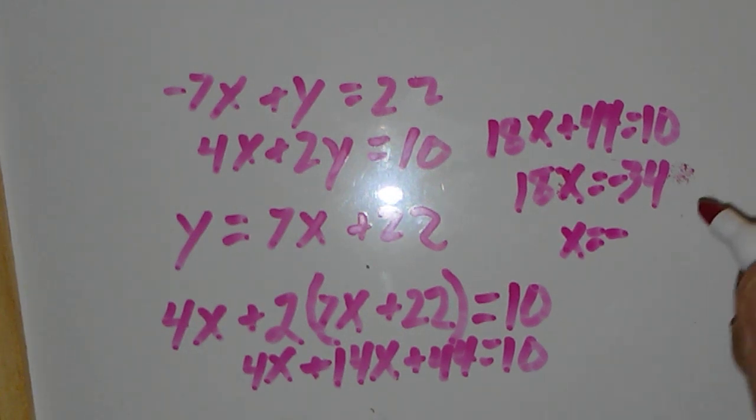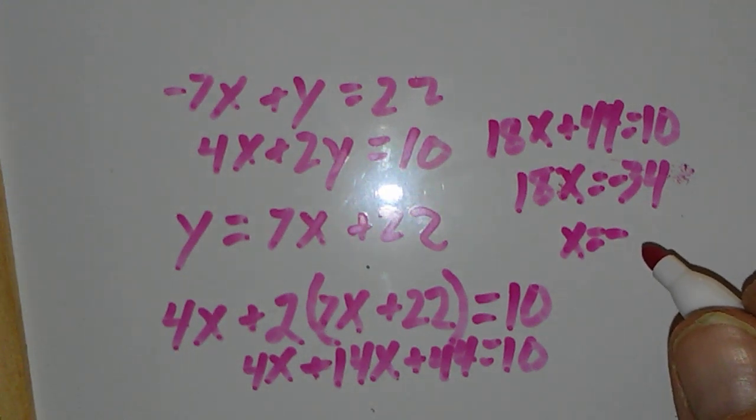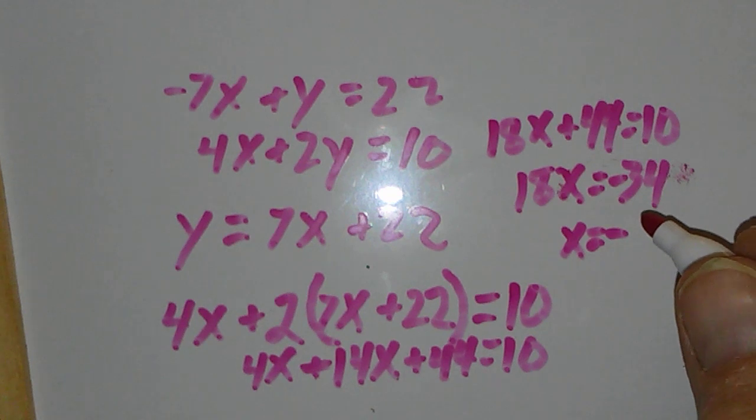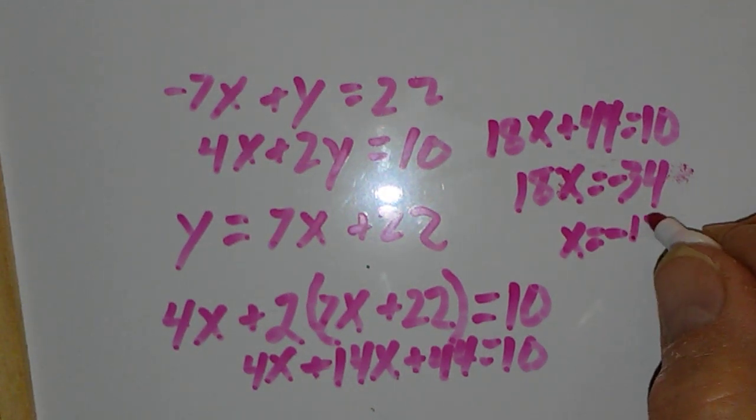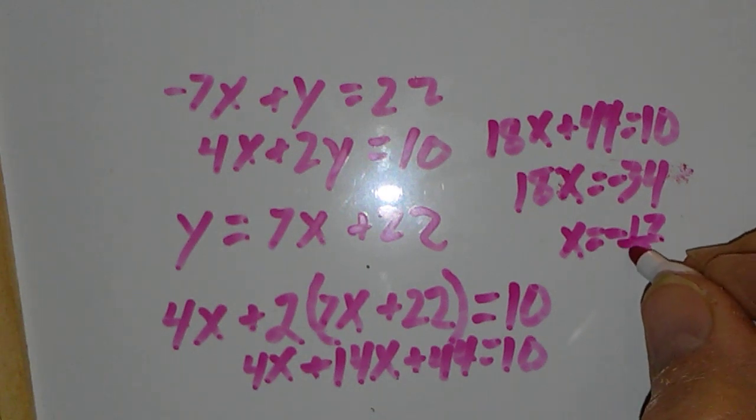You'll have to put that into your calculator. And of course, I don't even have my calculator on hand here. But that becomes the same as minus 17 ninths, whatever that is. Put it in your calculator and find out, but it's not an easy number.